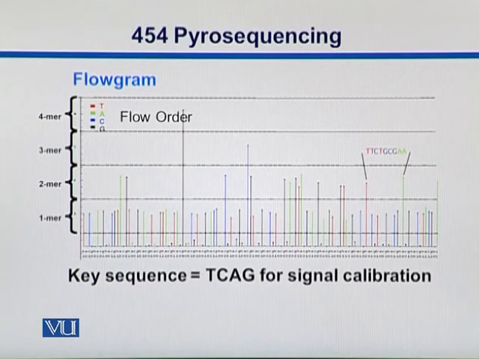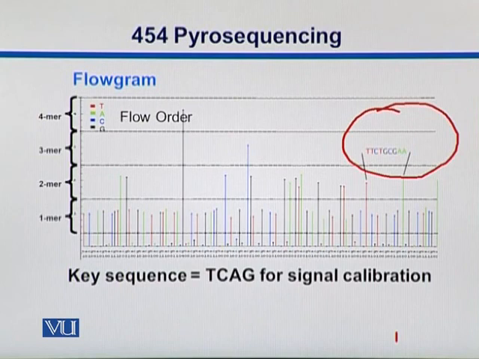If we focus on this region where we have a high peak, two T's have been incorporated. Moving on to the next one, we see a blue color, so there is a C here. Again there is a T, and then a G, a C and a G, and there are two A's. So the height of the flowgram tells us how many nucleotides have been incorporated. It can be 1-mer, 2-mers, 3-mers, or 4-mers.